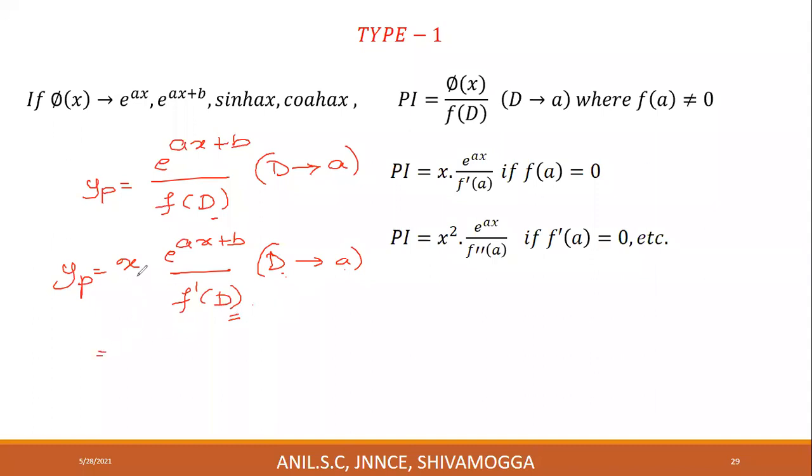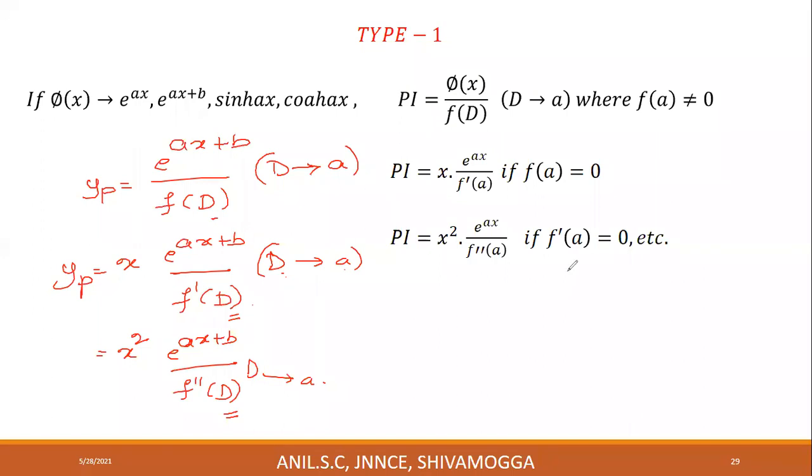In such cases, multiply again by x: x into x, x square, e power (ax plus b) divided by f double dash D. Replace D by a. And this continues until you get a non-zero term in the denominator.